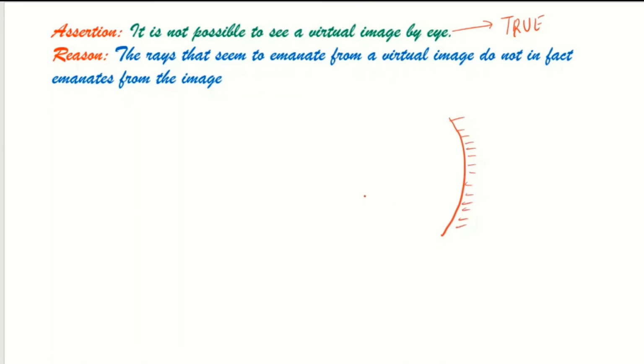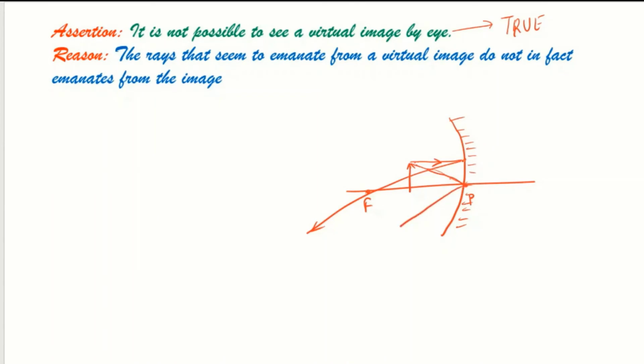If there is an object in front of a concave mirror and the object is placed between focus and pole of the mirror, then first we take a ray parallel to the principal axis, and this ray will go through the focus of the mirror. Let's take another ray that is coming obliquely to the pole and is reflected with the same angle.